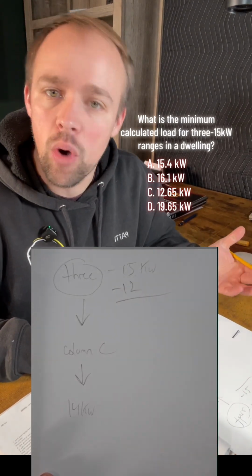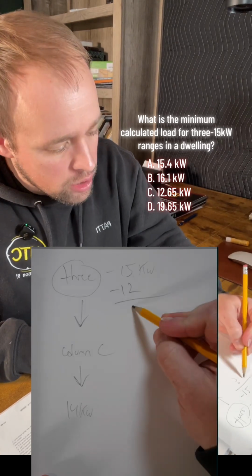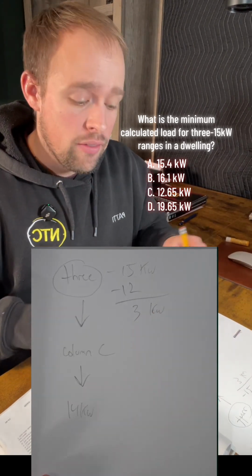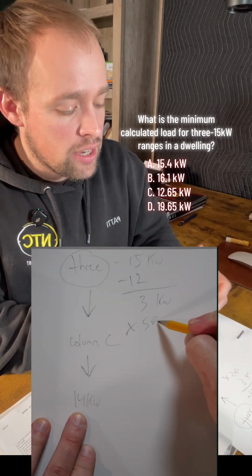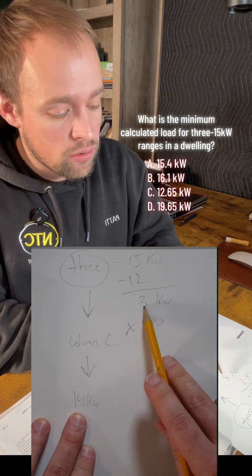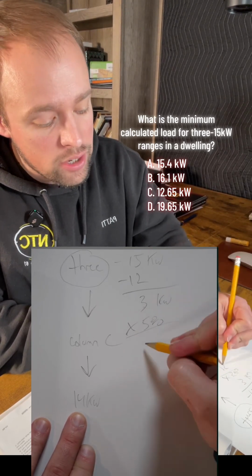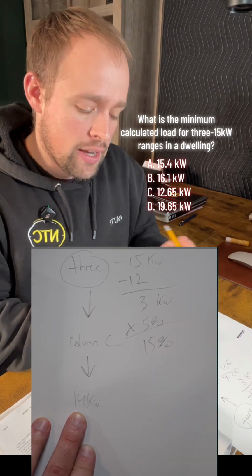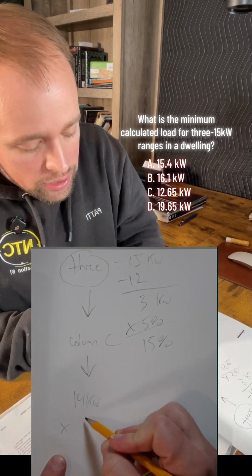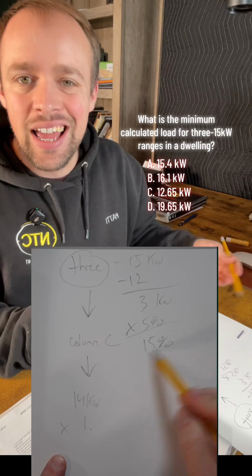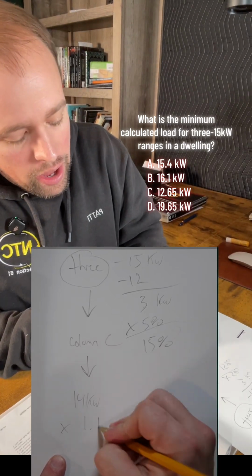How many kW over 12 are there? 3 kW, right? So this number has to be increased by 5% for each kilowatt, which is 3. So this number has to be increased by a total of 15%. How do we increase this by 15%? We're going to multiply it by 1 point, whatever that percent is. In this case, it's 15%.